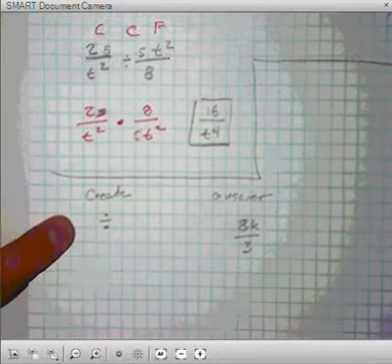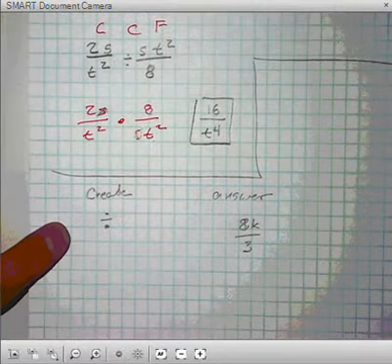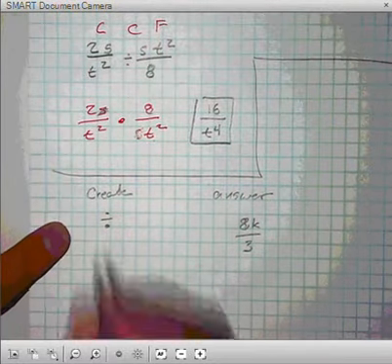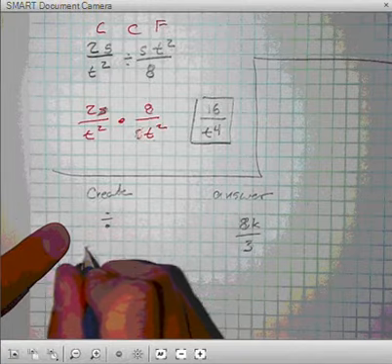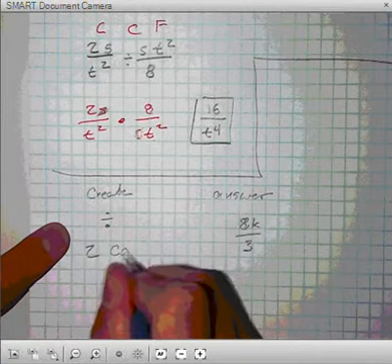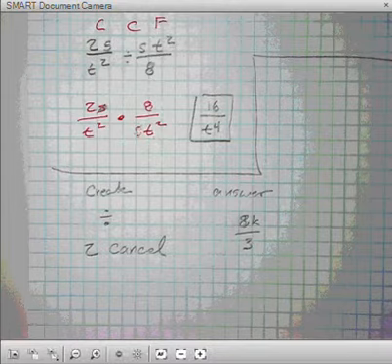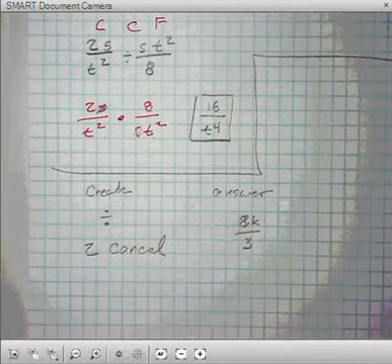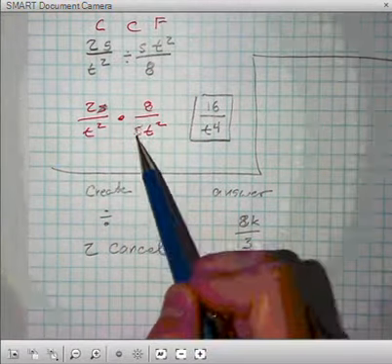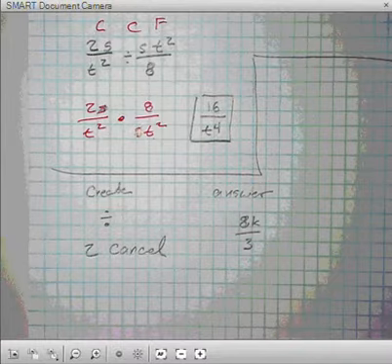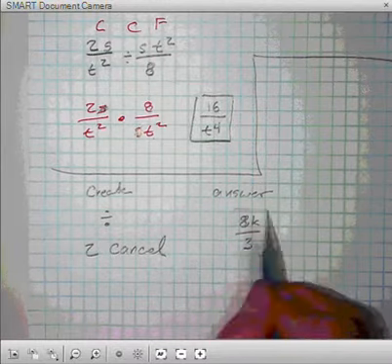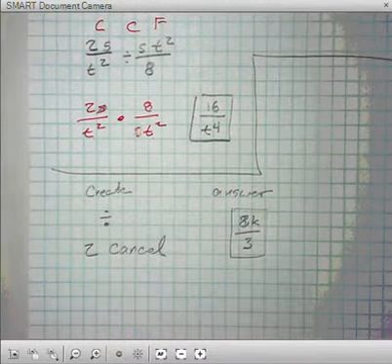Create a division problem. Create a division problem that will cancel 2 things. So create a division problem where you will cancel 2 things. Like here we canceled 1 thing. Create a division problem where you're going to cancel 2 things and get this as an answer.